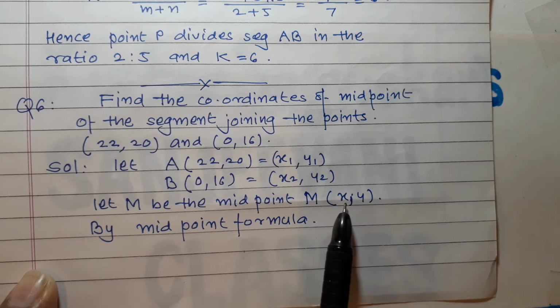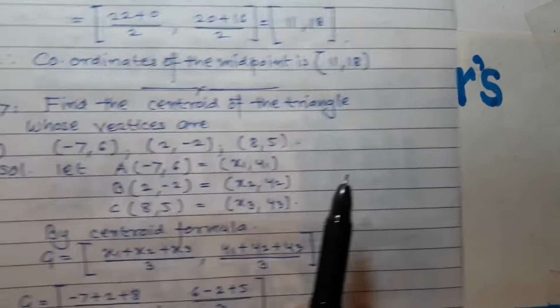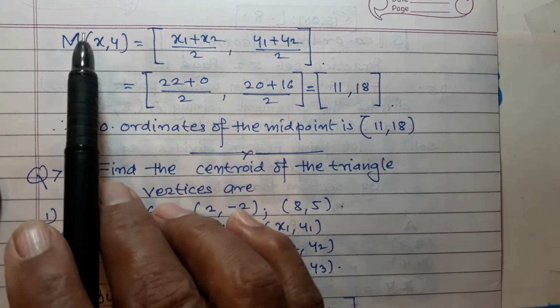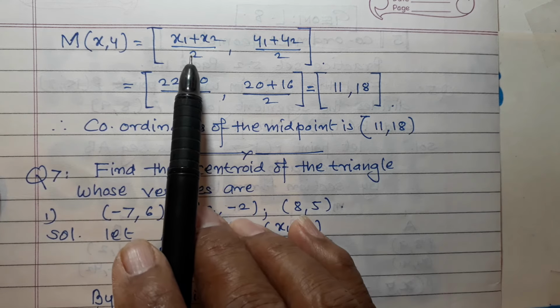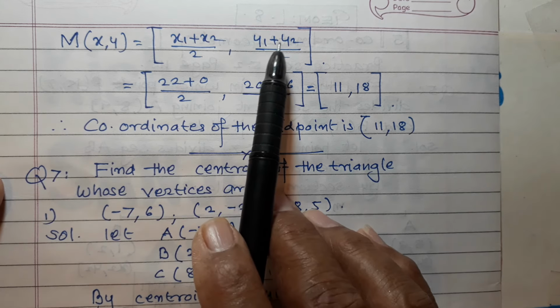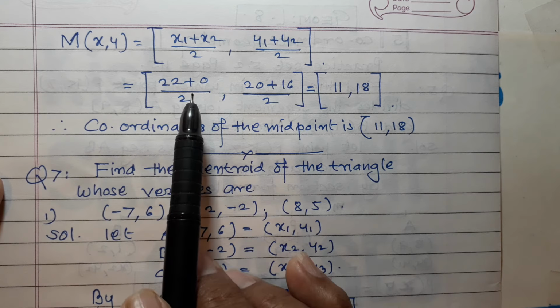Let M be (x, y), then by the midpoint formula, M(x, y) is equal to (x1 plus x2) upon 2, (y1 plus y2) upon 2. Then simply you substitute values.